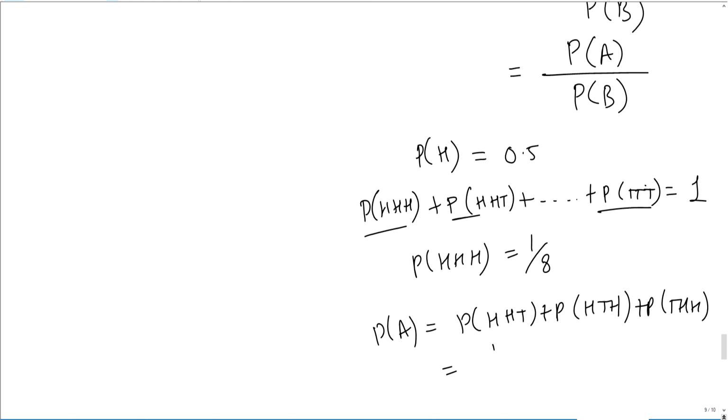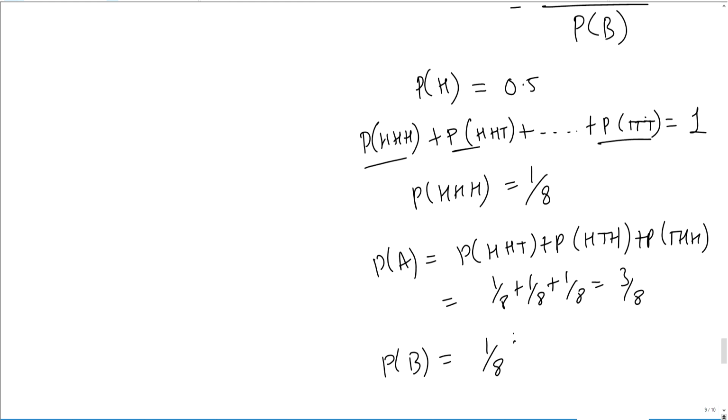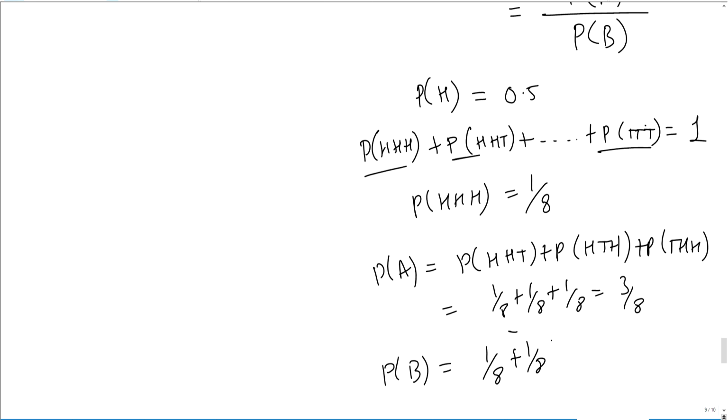So, that would be 1 by 8 plus 1 by 8 plus 1 by 8. This would be 3 by 8. Similarly, the probability of B will be 1 by 8 plus, because B has 4 elementary events, 1 by 8, 1 by 8 plus 1 by 8, it would be 4 by 8.